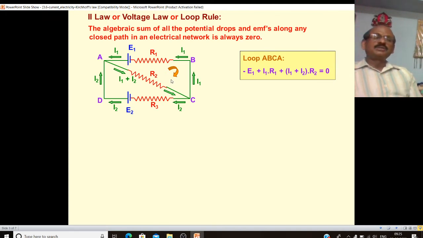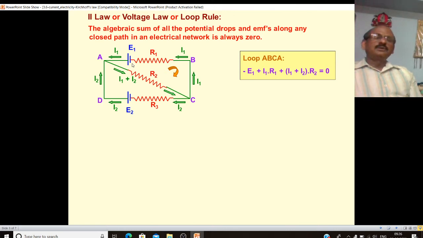First, know the sign convention. If we travel through a cell from the positive to negative, EMF is taken as negative, and vice versa. While we travel from negative to positive, EMF will be taken as positive.